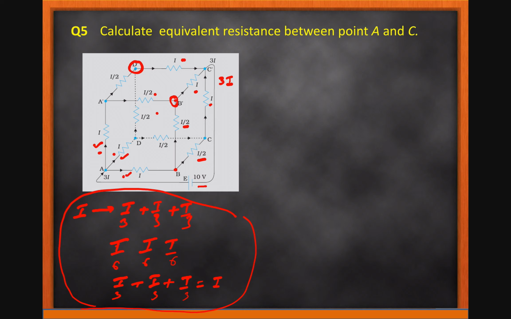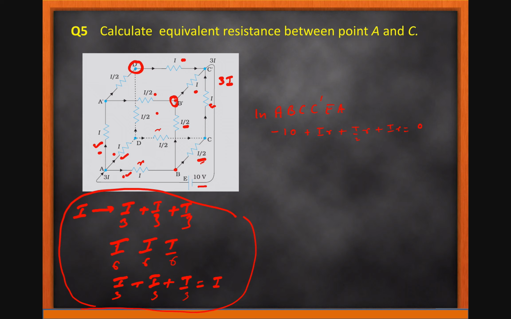Now apply Kirchhoff voltage law. If we apply Kirchhoff voltage law in loop A, B, C, C dash, E and A, we'll get minus 10 plus I into R, the resistance of each branch being R, plus I by 2 into R, the potential difference at this point, plus I into R is equal to 0.